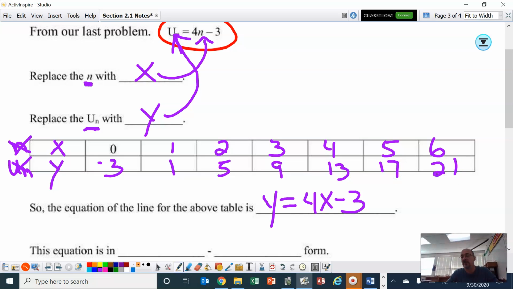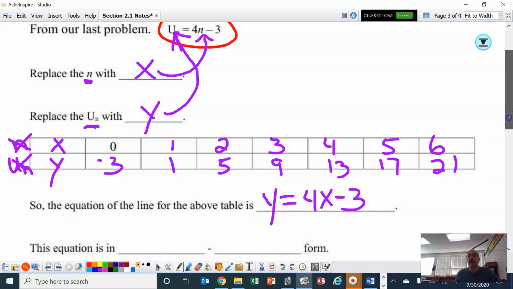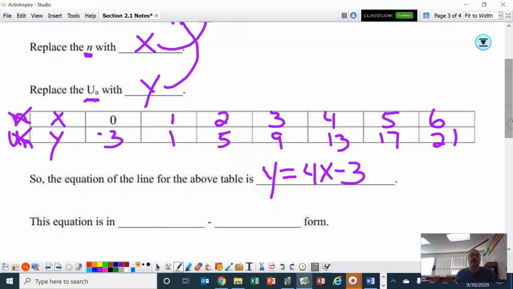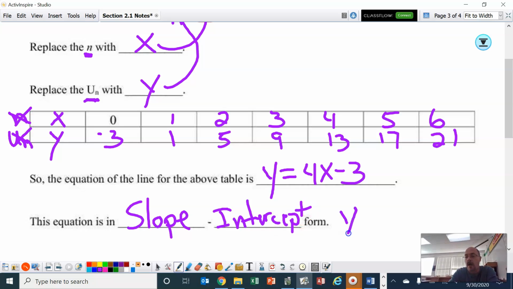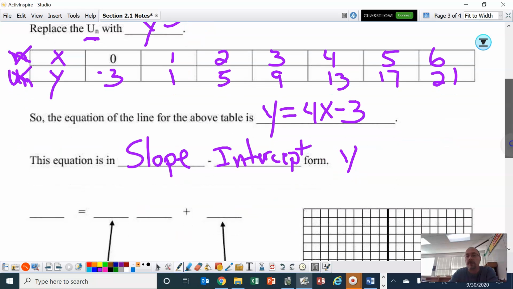So the table is the same, it's just we have x on top and the y on the bottom. Now, if you recall, this equation is in, wait for it, slope-intercept form. Y, let's see, I think I might have that underneath.